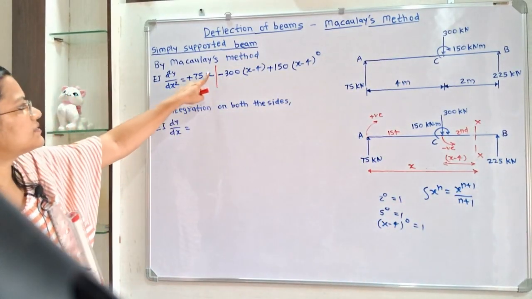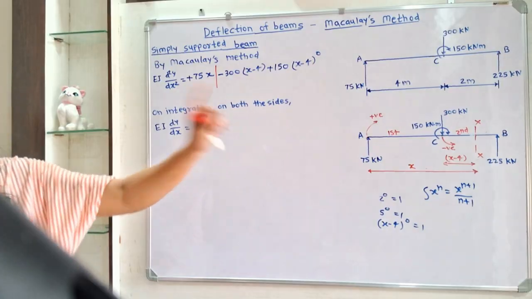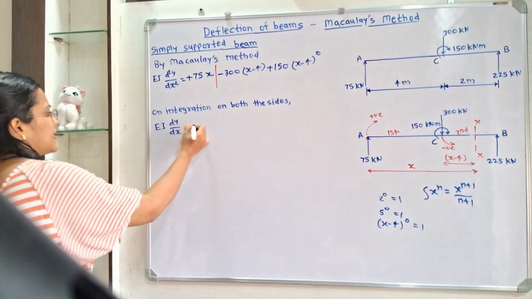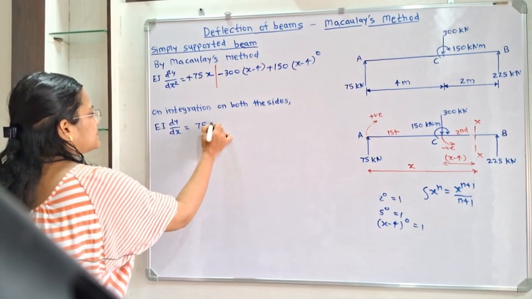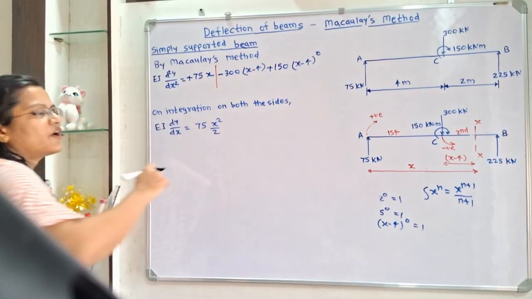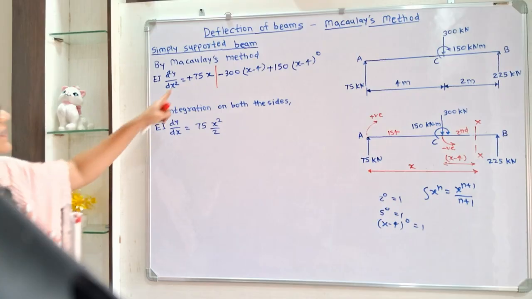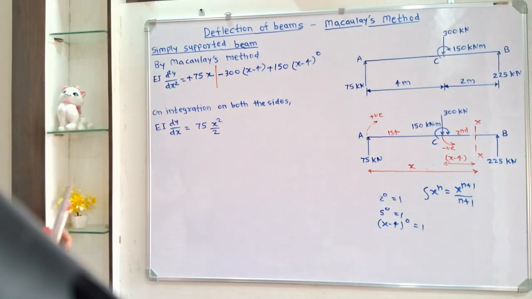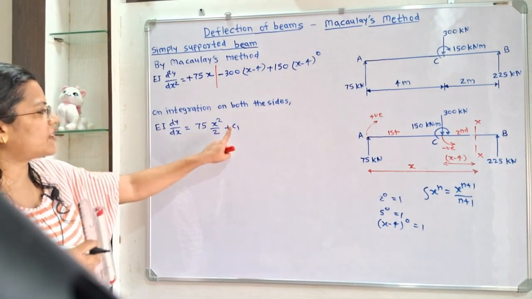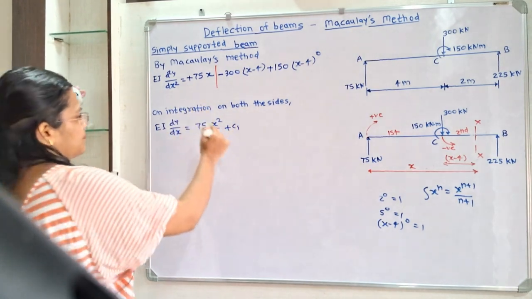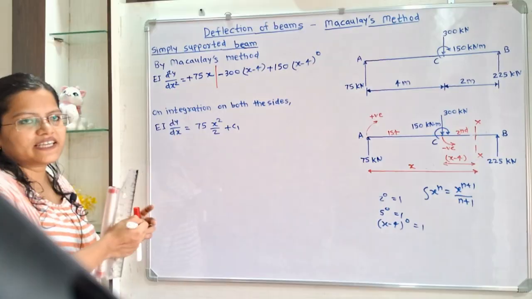Now here x is raised to 1, that means n is equal to 1. So I will write here 75, and integration of x is x square by 2. Now we have to take the constant of integration in the first part only. So I will write here plus C1, because this is the first integration. So I will take plus C1. Now the first part is getting completed.